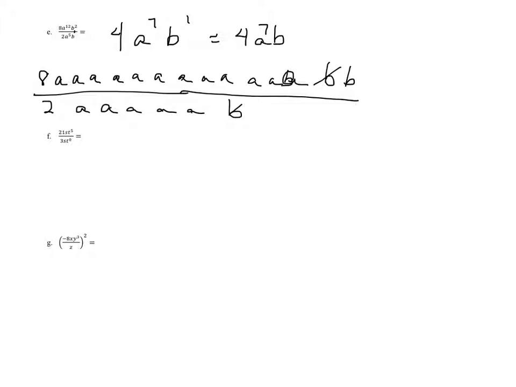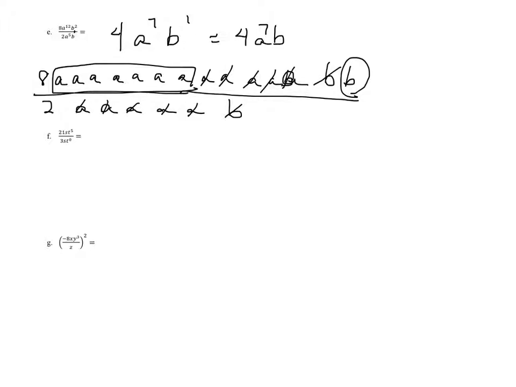And now I can just cancel my little brains out. And what am I really doing? Dividing out the ones, because a divided by a is 1. And we're assuming these variables are not 0. So if you think about it, you have one b left, and then you have all these a left. Hopefully there's 7 of them, and yes, there are. And then 8 divided by 2 is 4.